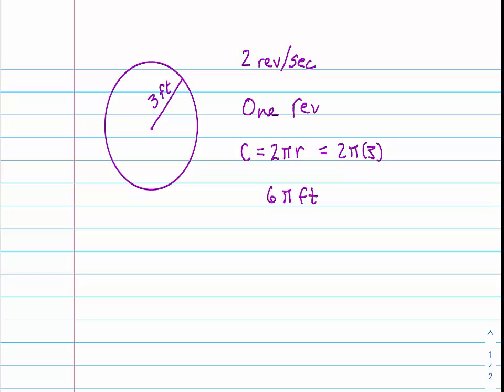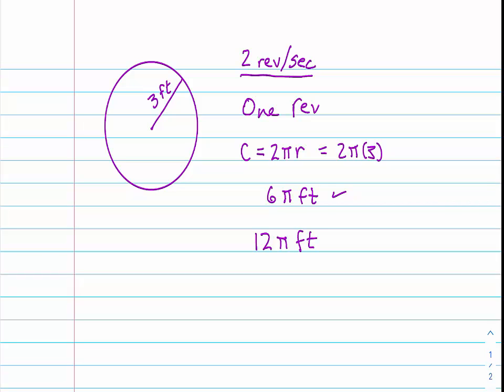Okay? Now, we want to know, what is the velocity per second? Well, it makes 2 of these revolutions. So this is 1 revolution and this is a half second. If we want a full second, remember this makes 2 revolutions per second, we have 12 pi.